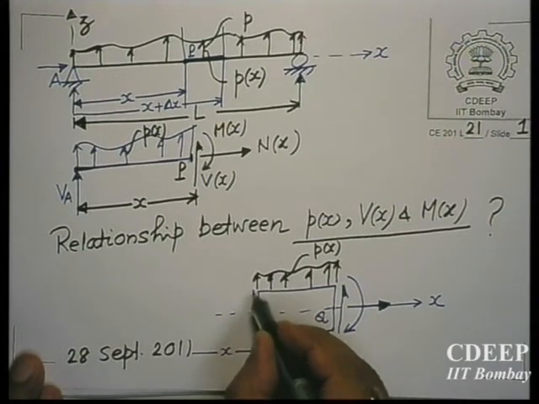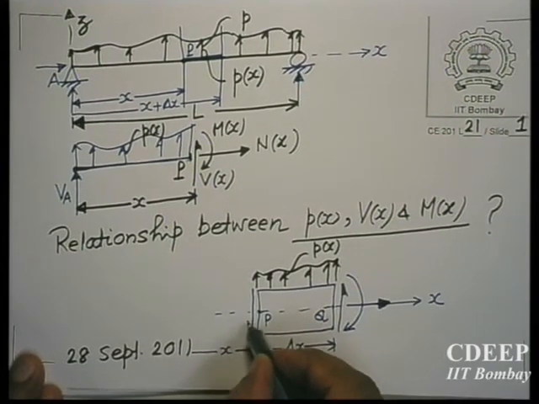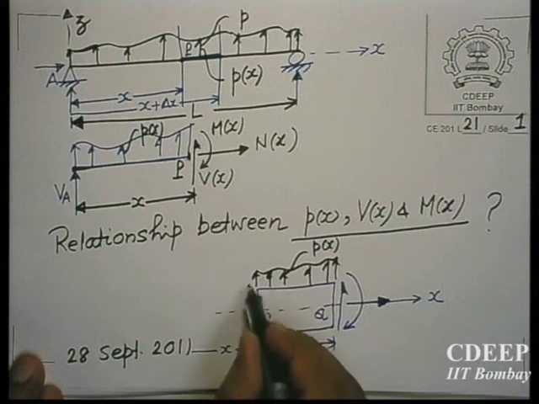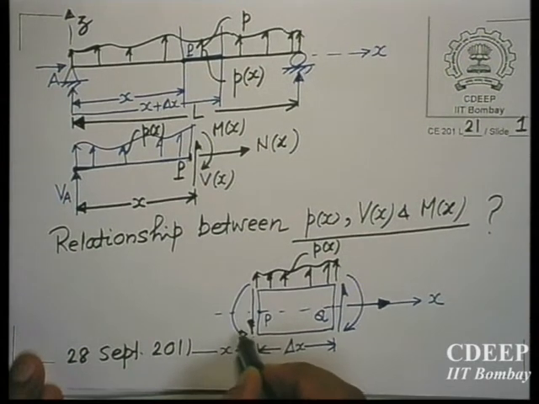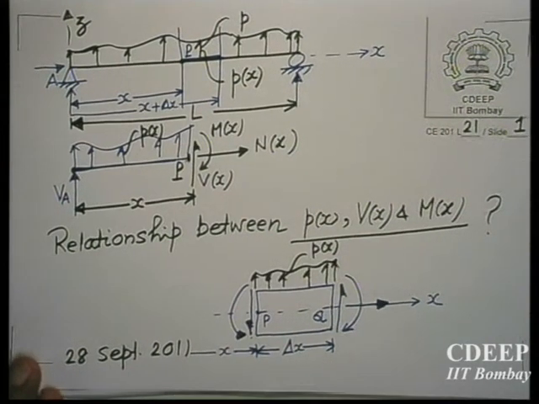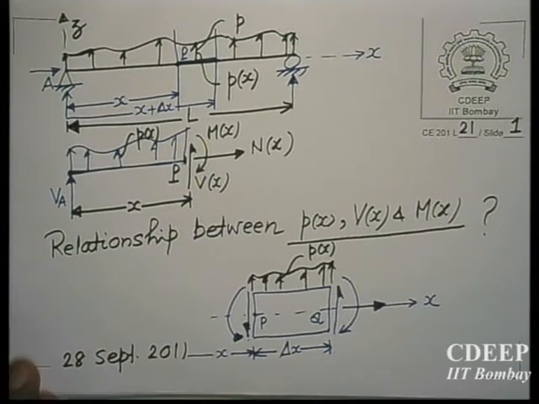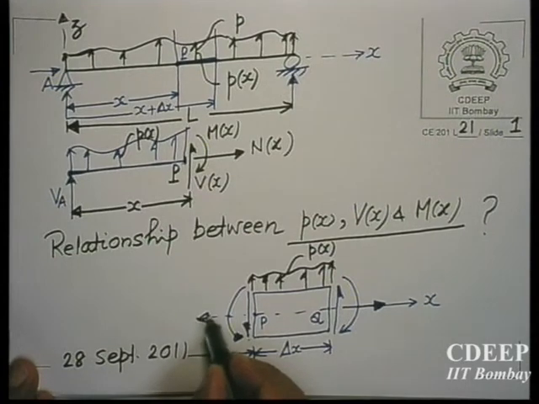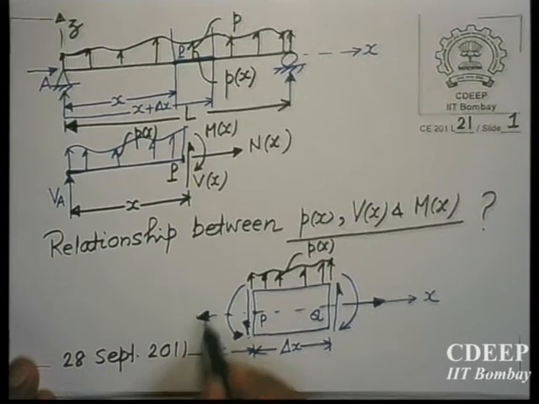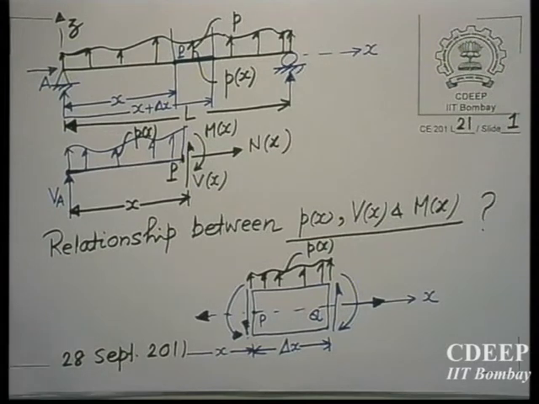So, the shear force here is positive, shear force is down, the positive bending moment is like this, and axial force. Axial force will not make much difference, because this beam is not subjected to any axial force. In fact, axial force will become 0 in this case if it is subjected only to a transverse load p x.